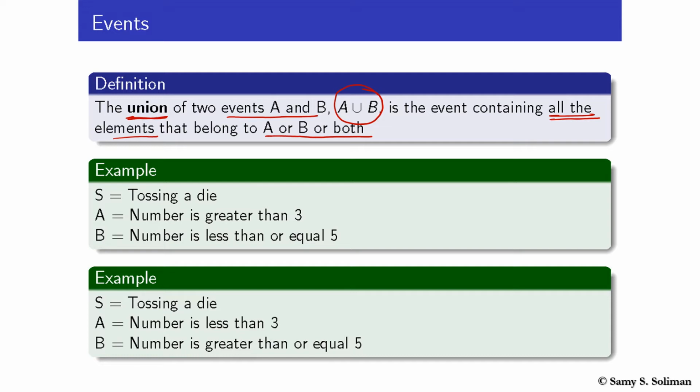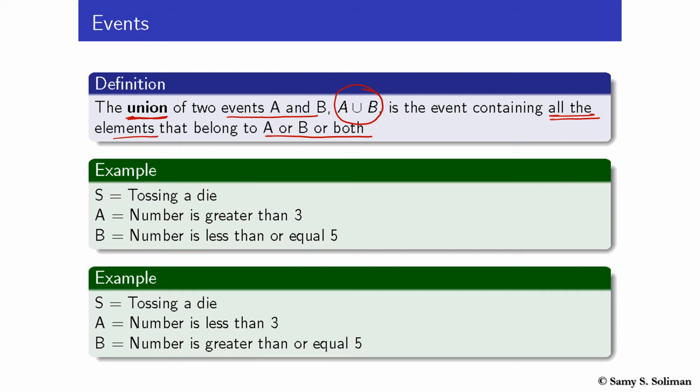The union of two events is all the elements that are in A or in B, or which are common between them. So any element that is in A only, or in B only, or in both A and B will be an element in the union of A and B.